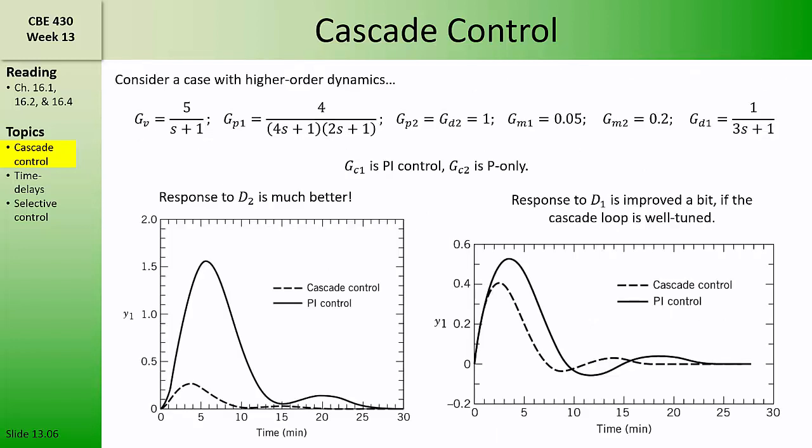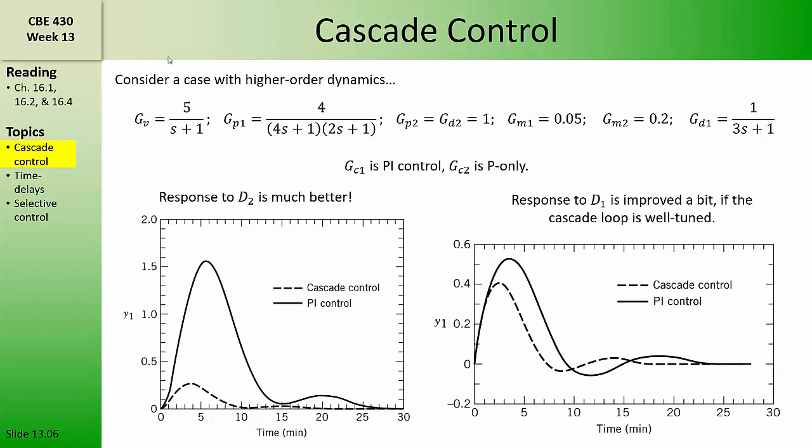To show how cascade control can improve the responses of feedback control loops, let's consider a case that has a higher ordered transfer function for GP1 and a very fast transfer function for GP2, which is just a gain. In this example, the primary control loop has been tuned with a PI controller, and the secondary control loop has been tuned with proportional only control.